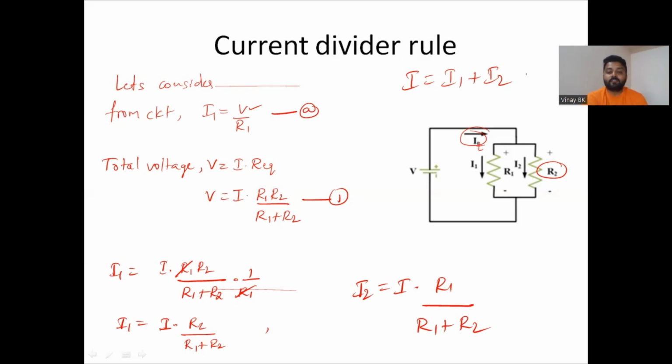Okay, I hope you're understanding the concept. In the next video, let's solve series-parallel combinational problems, and you can easily understand how to solve the problems with the help of these basics.